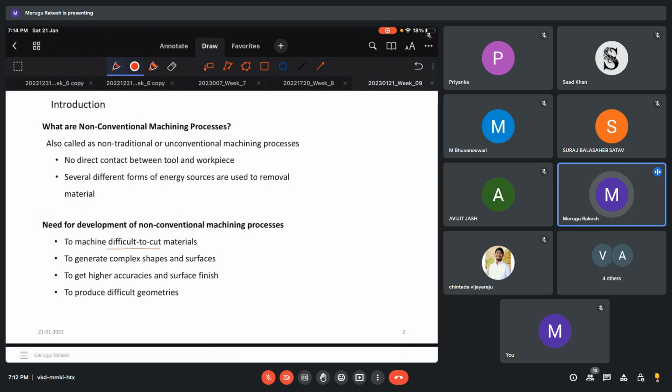The other one is a ductile material, which is very difficult to cut; you'll get continuous chips. The other one is low thermal conductivity, so the buildup of heat in the material will be very high, and the entire energy that you are producing will not be useful. So there are two, three, four reasons to classify any material as difficult to cut.